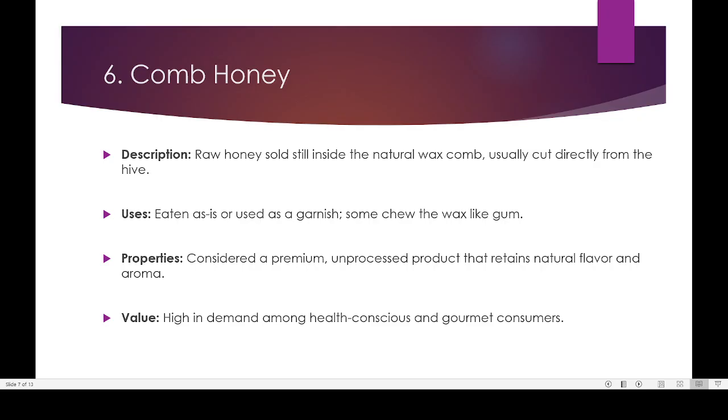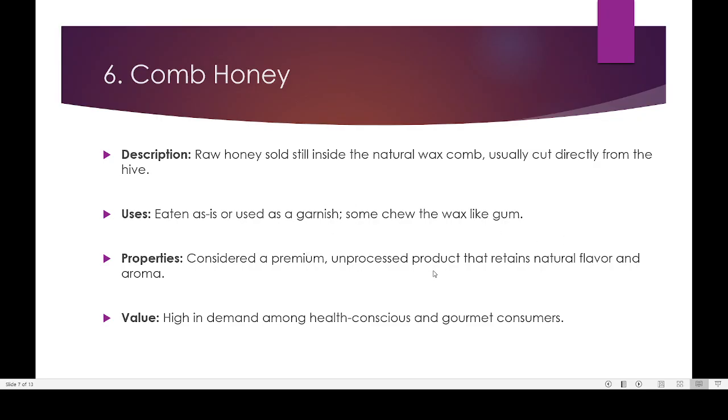Some people nicely cut the raw honey, put it in a box and sell it. So these kinds of strategies are also used. It is usually cut directly from the hive, eaten as is or used as a garnish. Some chew the wax like gum. That is also possible.